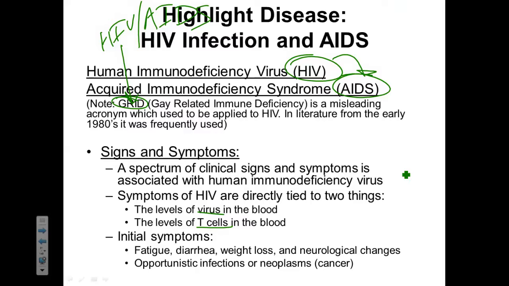The initial symptoms associated with infection by HIV include fatigue, diarrhea, weight loss, some neurological changes, and just overall general malaise. And then we start to have lots of opportunistic infections appear. These opportunistic infections are normally not going to manifest themselves in healthy individuals, but are going to start to preferentially appear within subpopulations that have HIV/AIDS.